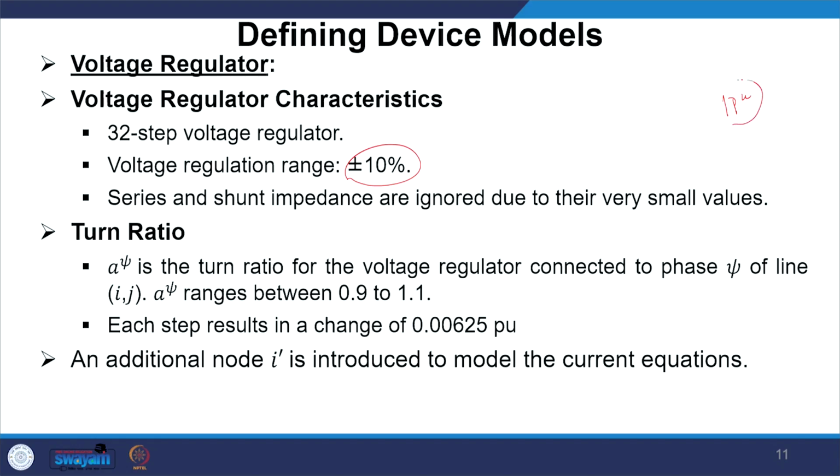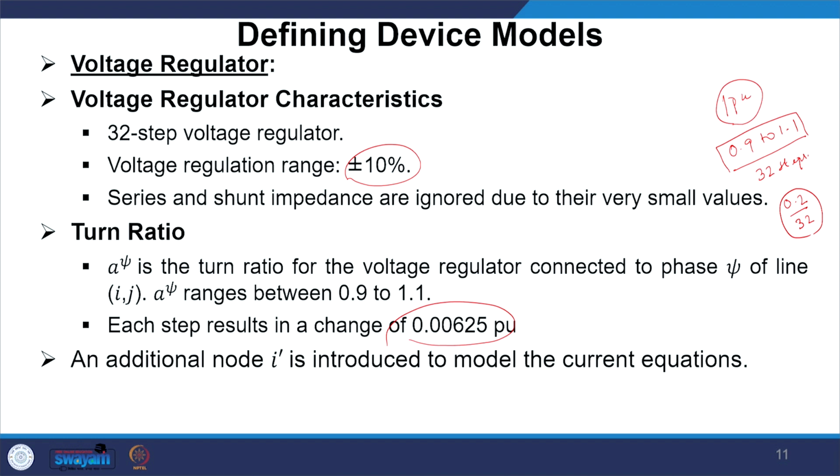So, let us say the voltage is 1 per unit. It can vary between 0.9 and 1.1, and there are 32 steps. So, that means 0.2 divided by 32 will give me the range through which it can vary on a per unit basis. That value will be approximately 0.00625 per unit.